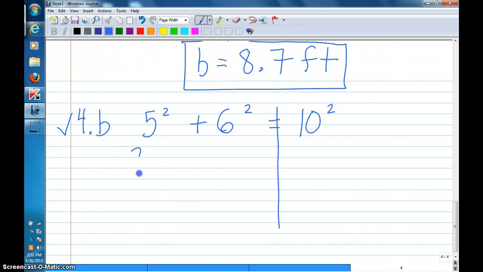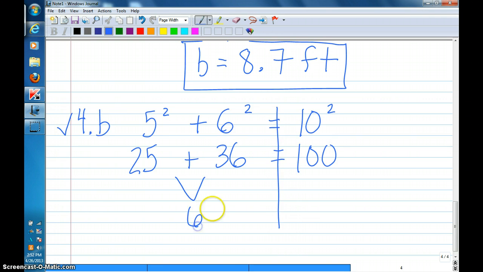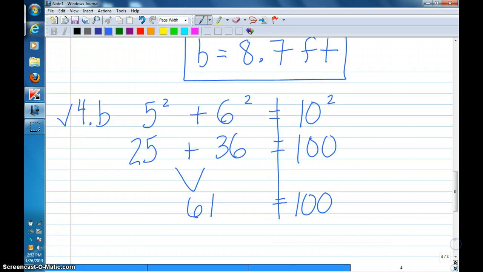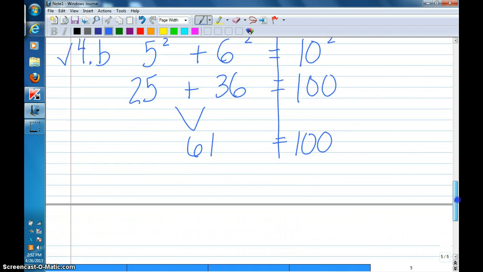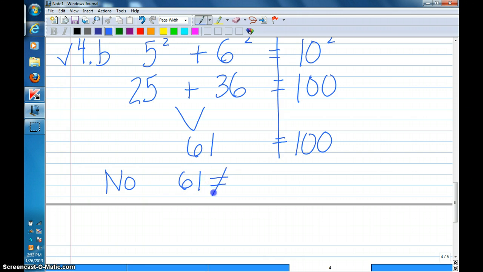I'm left with 25, 36, and 100. Go ahead and add these. I'm left with 61 and 100. I can see that no, these are not equal to each other, so these would not be the lengths of a right triangle. To explain, I can simply say 61 is not equal to 100, showing the Pythagorean theorem.